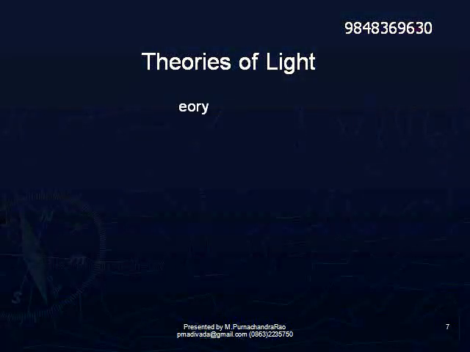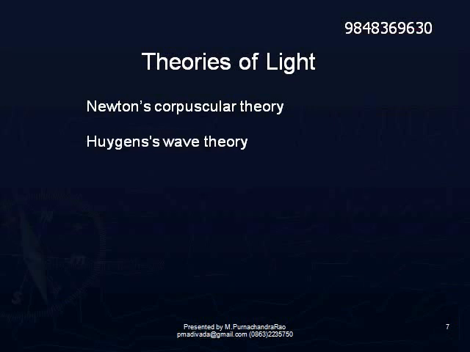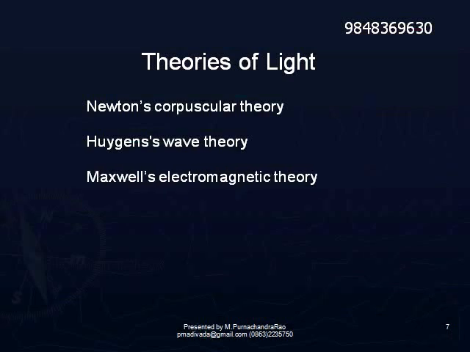Theories of light. Any theory that is proposed must be able to explain the phenomena noticed with light, the properties which we have studied. First, Newton proposed the corpuscular theory to explain the properties of light. It could explain some properties but not all.